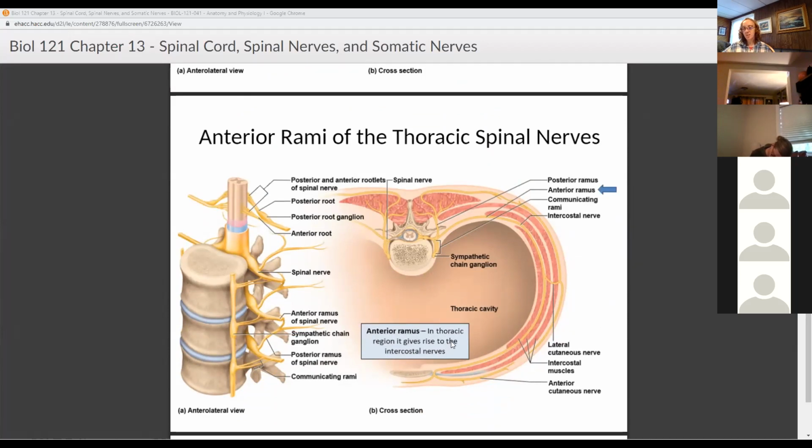You have intercostal muscles. Costal meaning ribs. So the intercostal muscles are the muscles that are involved with contraction and relaxation of the ribs. So the anterior ramus is going to innervate the intercostal nerves that innervate the intercostal muscles.